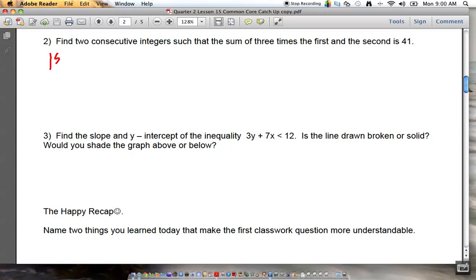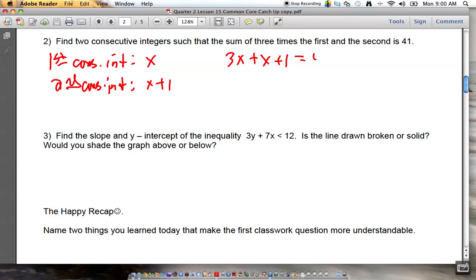Okay. First consecutive integer. Second consecutive integer. Now, what is the first integer? Call it x, next one x plus 1. 3 times the first, that would be 3x. And the second, that would be x plus 1. And that gets me 41. Altogether, I have 4 x's plus 1 is 41.